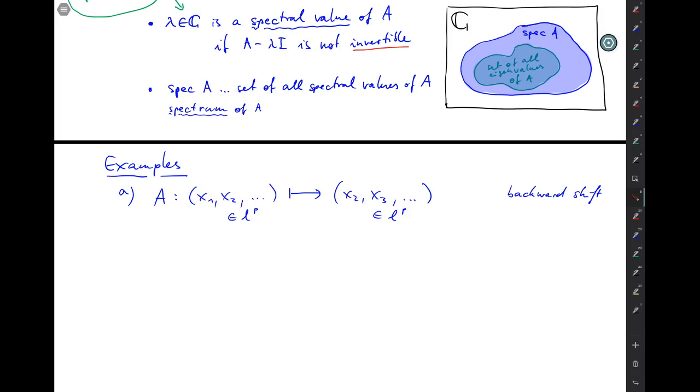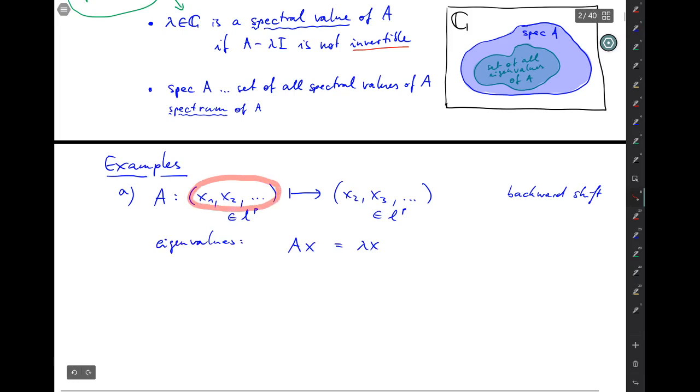Now, because we don't quite know how to compute spectral values and the whole spectrum, let's start with eigenvalues. So we start with a good old Ax equals lambda x. This is your x, that's your Ax, and let me write it as a column vector because that makes it easier to compare the two vectors. Lambda x is just lambda times this vector.